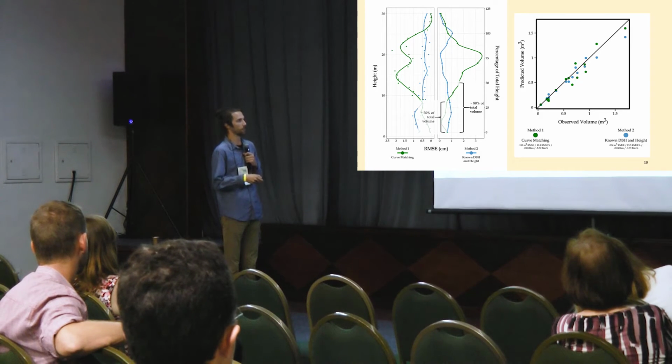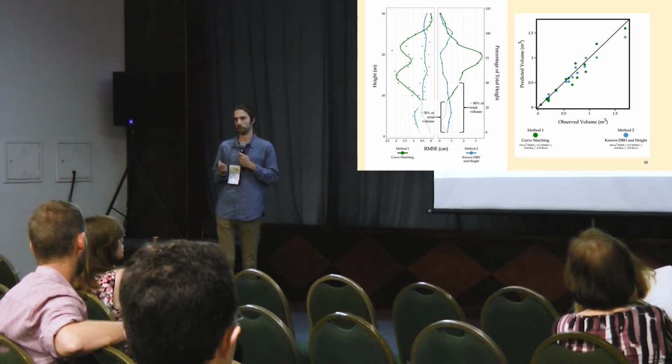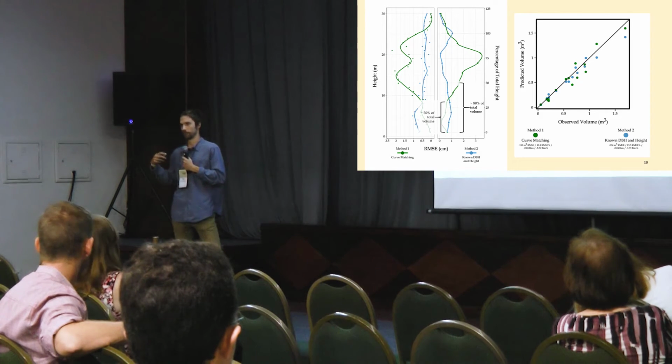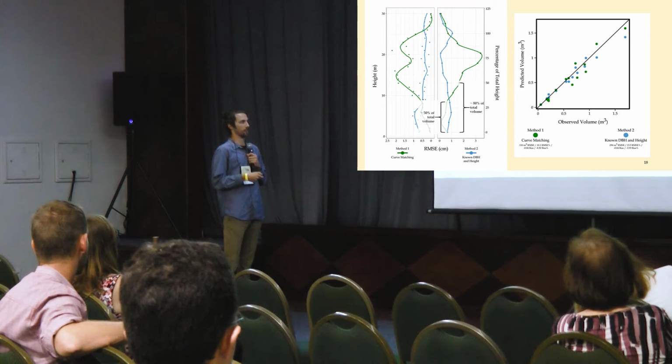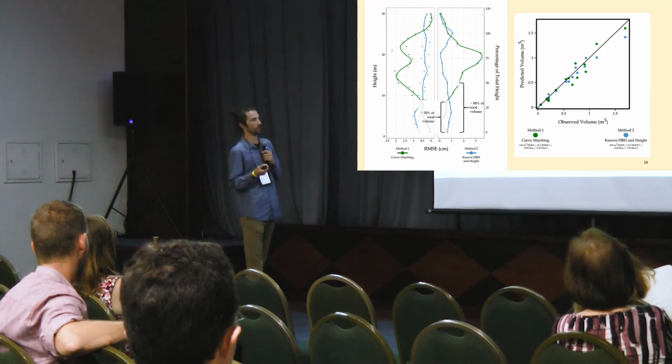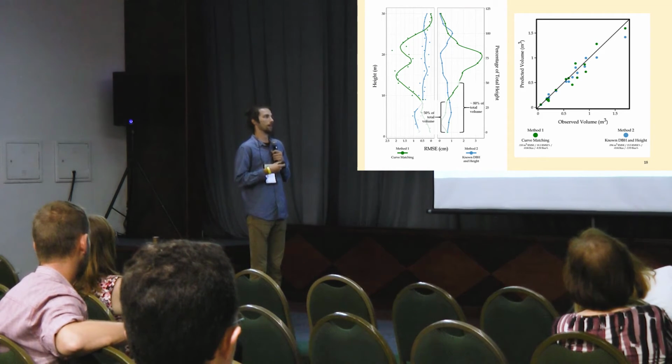And based on the trees in the study, about 50% of the total volume of those stems existed in this portion of the stem. And the lowest 50% of the stem, which was the point of overlap for some of these models, had 80% of the total volume of the stem.